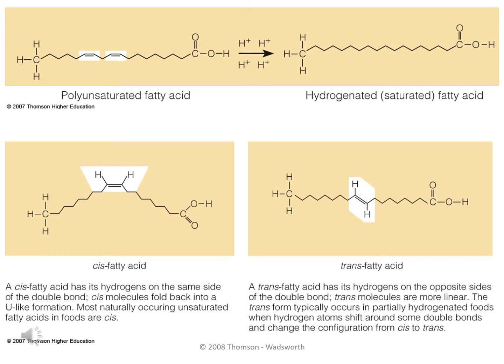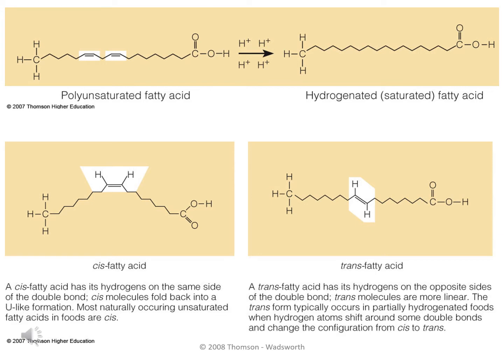With the process of hydrogenation, you could see how the fatty acid changes its configuration. On the left side of this slide, you can see a cis fatty acid. This is the configuration that usually appears in nature. This is where the hydrogens tend to be on the same side of the double bond. When hydrogens are added, what occurs then is a change to this trans configuration.